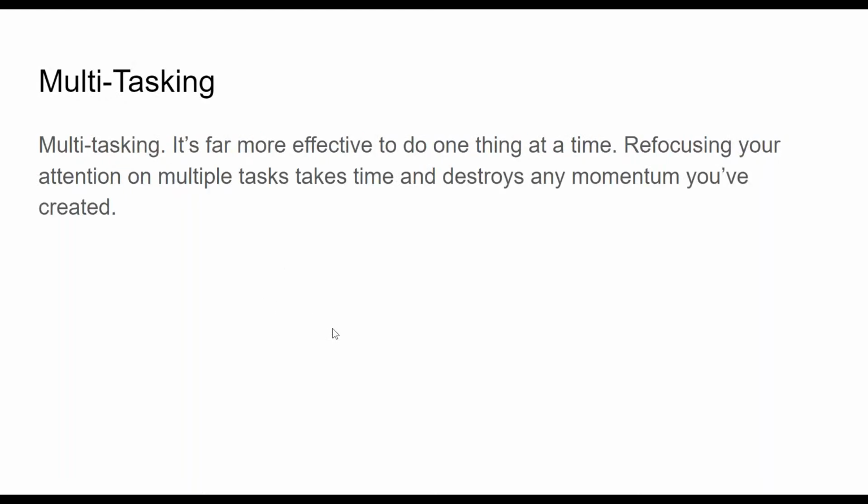The next one, multitasking. Studies have shown that it's far more effective to do one thing at a time. Refocusing your attention on multiple tasks takes time and destroys the momentum that you've created. This is something that I have to stop myself from doing. I'll have all these different projects, but I get things done better when I focus on it.